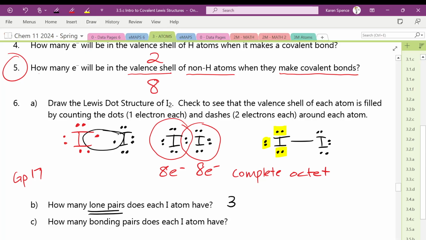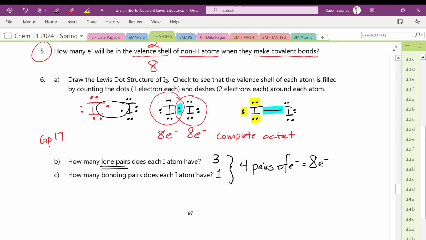They each have 1 because that bonding pair belongs to both of them. So each I atom has 1 bonding pair. That makes for a total of 4 pairs of electrons, which equals how many? 8. And that's the objective that we're trying to get to each time.